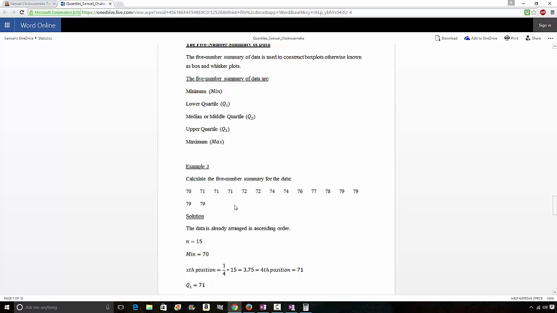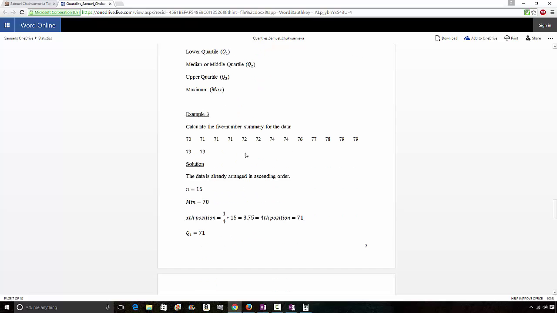If you have a big data set, you can easily sort your data with Statcrunch. But for this data, it has already been arranged for you. The sample size is 15. The minimum is 70.